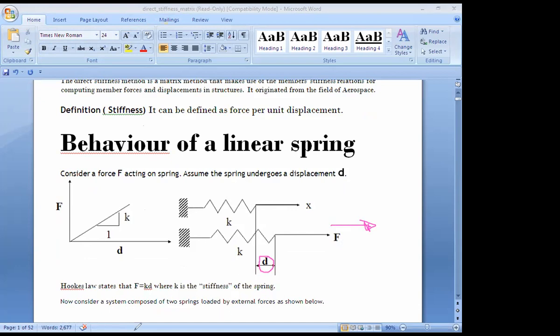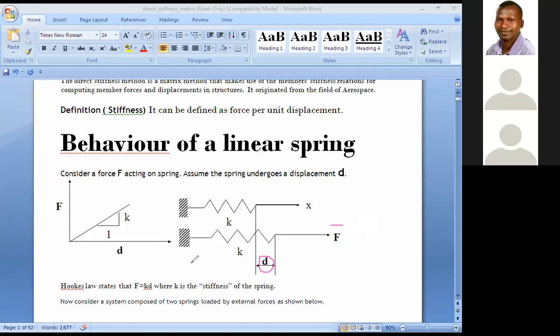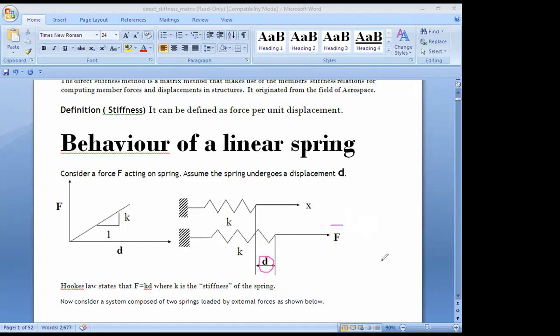So the question now is, if we assume that the spring has stiffness K, then Hooke's law states that the force will be directly proportional to the displacement. Or in other words, if you keep loading the spring, I think this is high school physics.